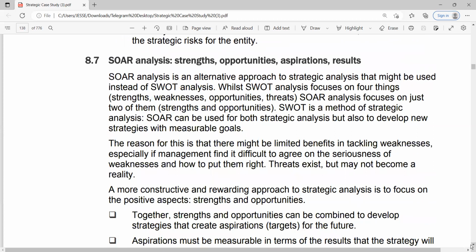So the SOAR analysis is basically an alternative to the SWOT analysis. So SOAR is simply strengths, opportunities, aspirations, and results.